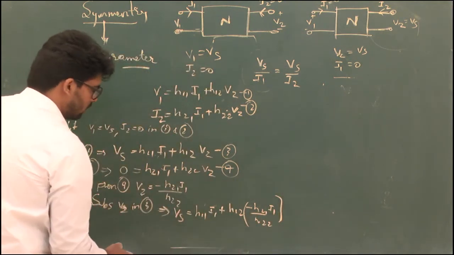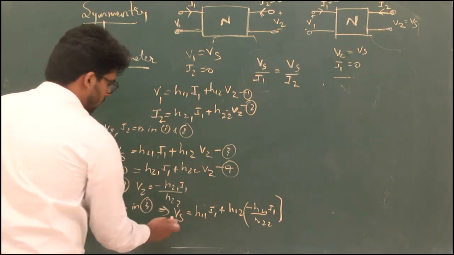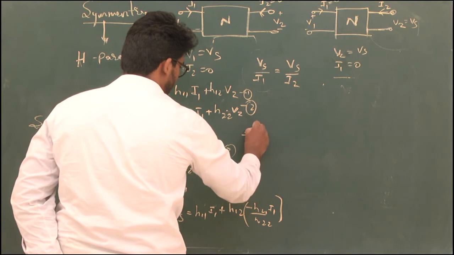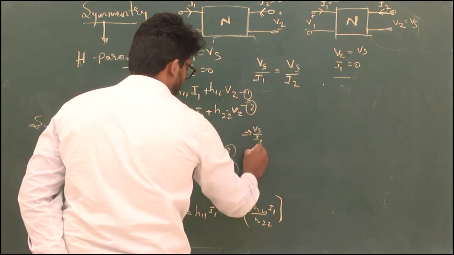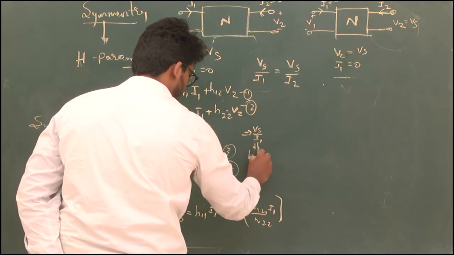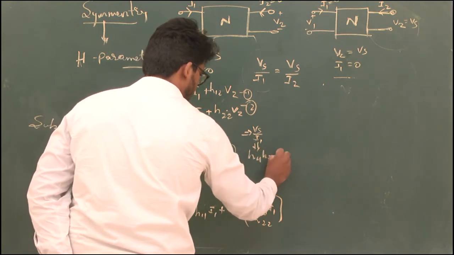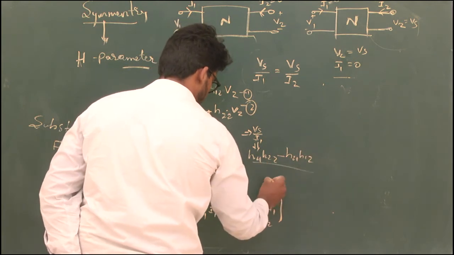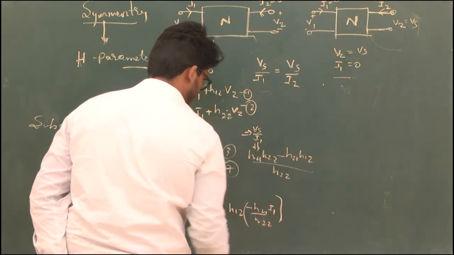Further calculation, you will obtain Vs by I1 as H11 H22 minus H21 H12 by H22.